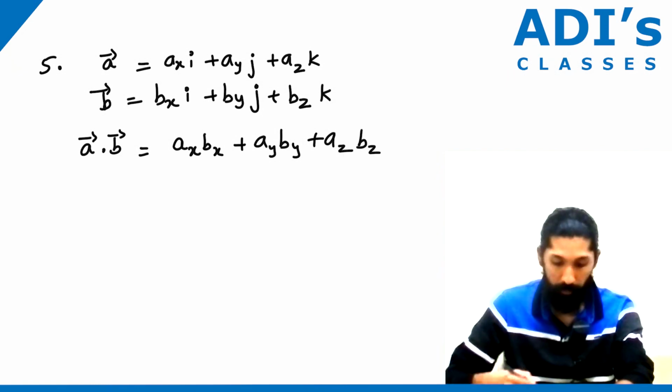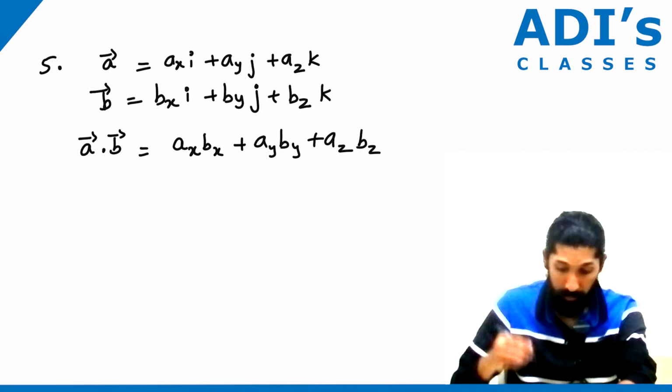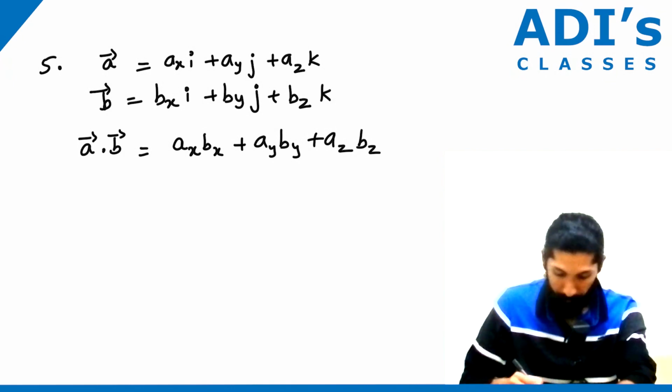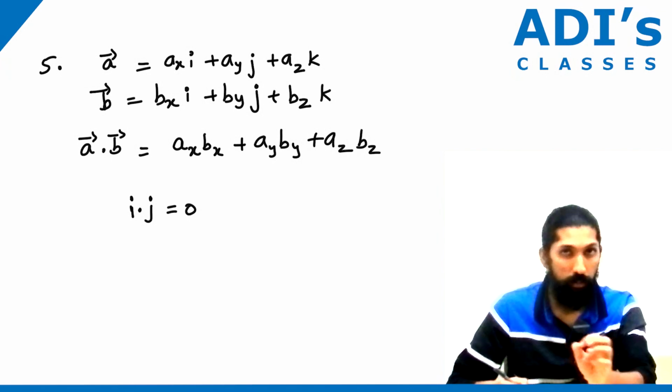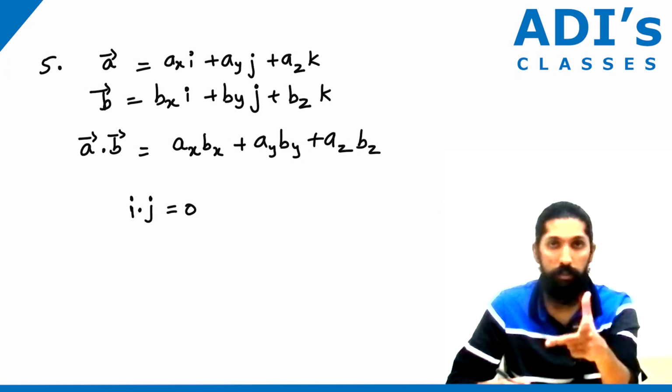Now, the reason why we don't get AX BY, AX BZ, something like this, is, if you look at it, I dot J is going to become 0. Think about it, they're 90 degree, correct?